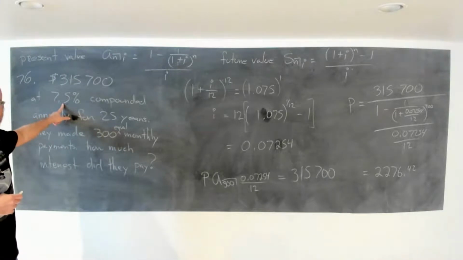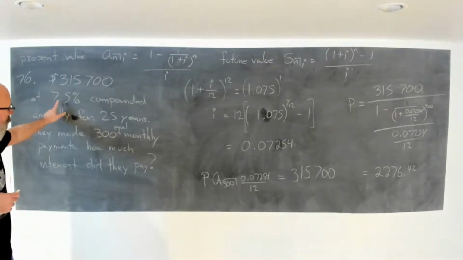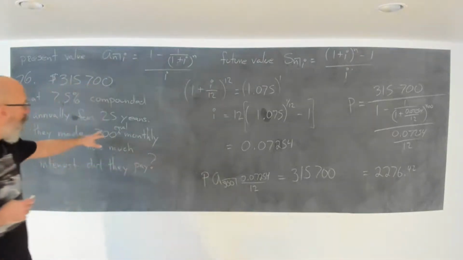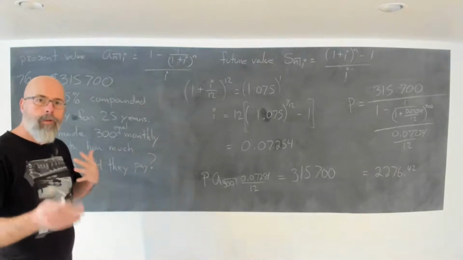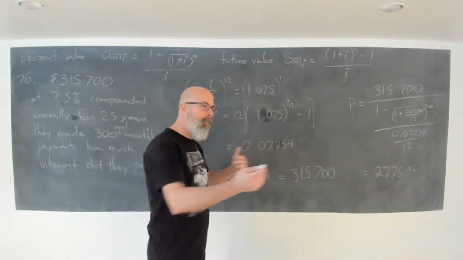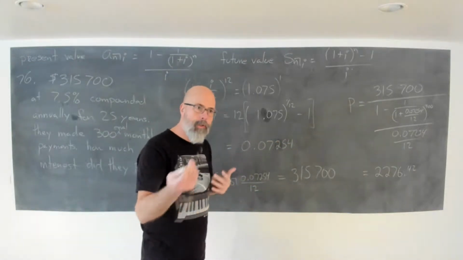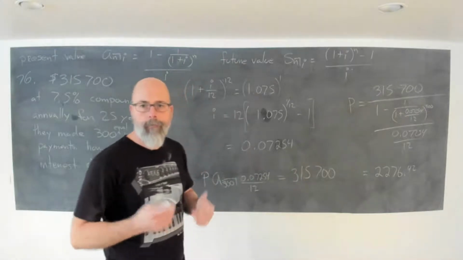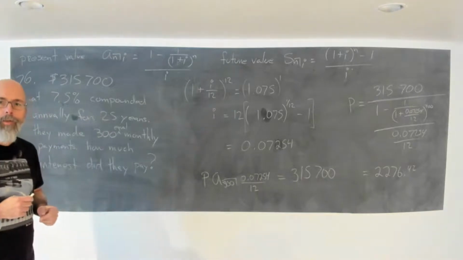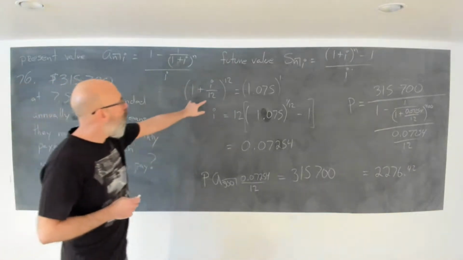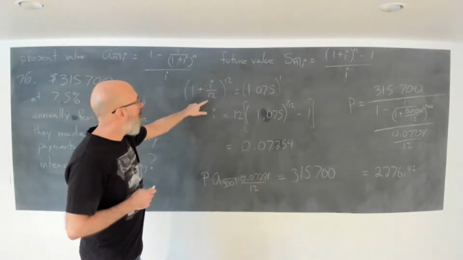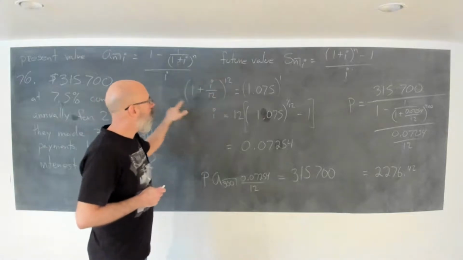So Javier wants to know how we got the interest. We were given 7.5% compounded annually. But if you're making monthly payments, these are incompatible, right? You have an interest rate compounded annually versus what you really want, an interest rate compounded monthly. So we have to find the equivalent rate compounded monthly. If you place $1 in the bank at interest rate i, compounded monthly for a year, this is what you're going to get.